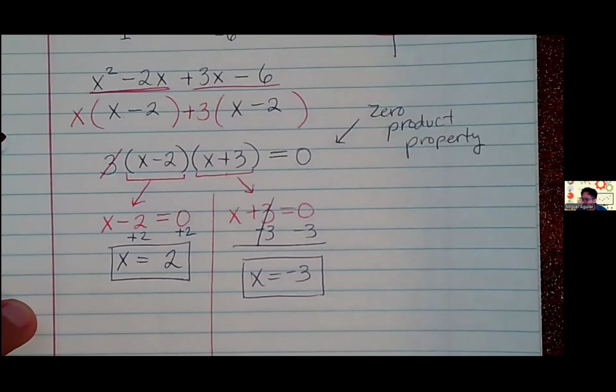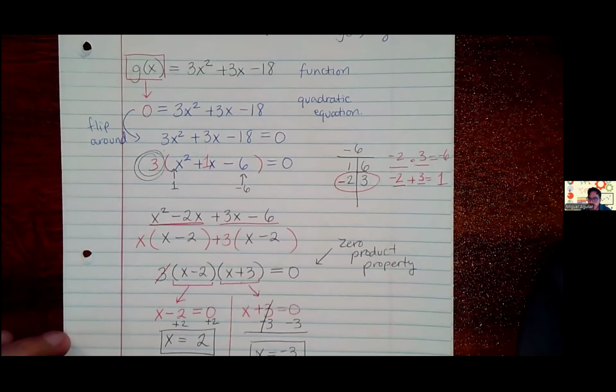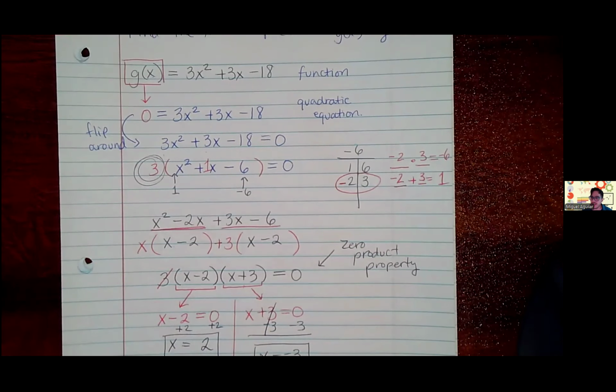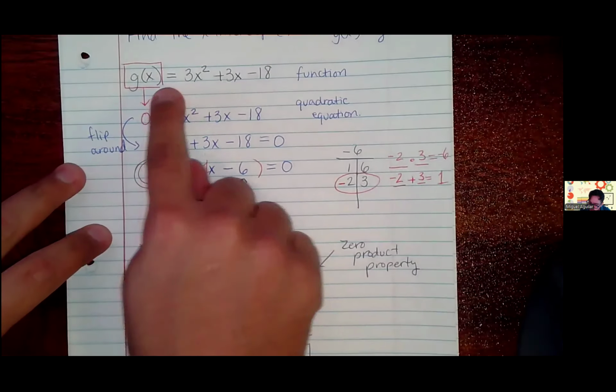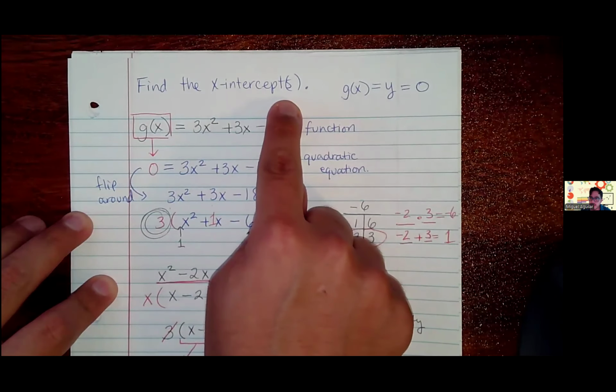Okay. So this is where we don't want to lose the forest for the trees because, for the last what feels like an eternity, we've been studying how to solve quadratic equations and putting all these things around. But remember, those are tools that we're using to analyze quadratic functions. We started off with this function and we were being asked to find the x-intercepts.